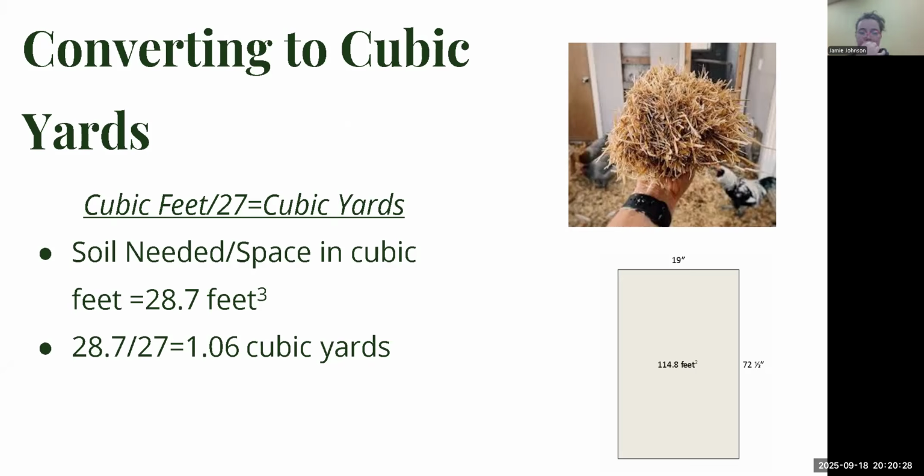And depending on how well you take care of your chickens, how often you're changing your bedding, what kind of chickens you have, you might be able to get away with 1 cubic yard. But as I mentioned in the gardening video, I will always recommend that you go higher and go all the way up to 2, because it's always worth it to have extra bedding.